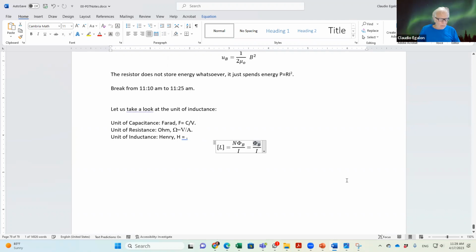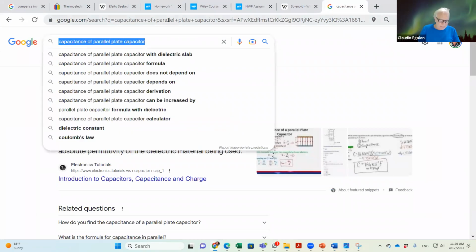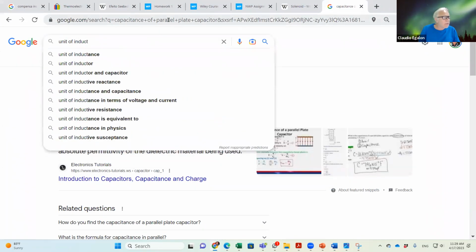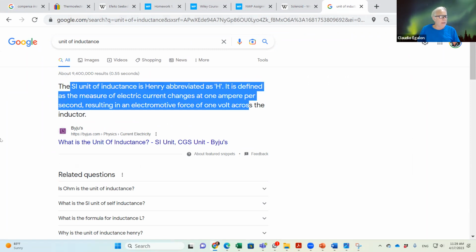The unit of magnetic flux is the Tesla times the area, meter squared. And finally, the current is in amps. That's what the unit of Henry is all about. It shows up so frequently, and that unit is so important, that we call it the Henry, represented by H. Unit of inductance, Henry, abbreviated as H.